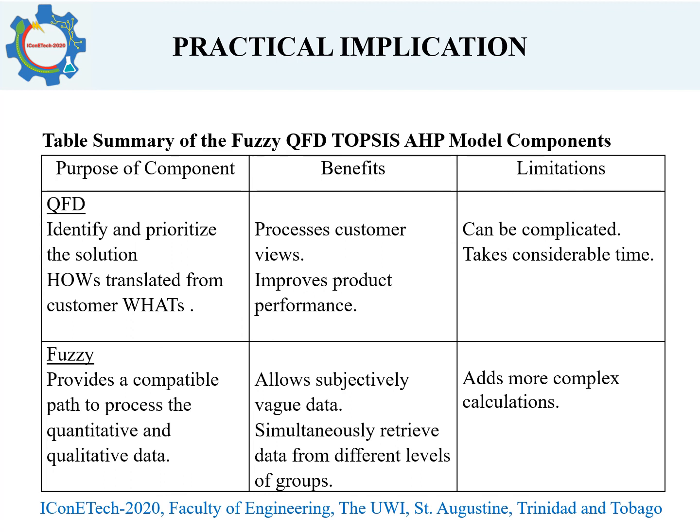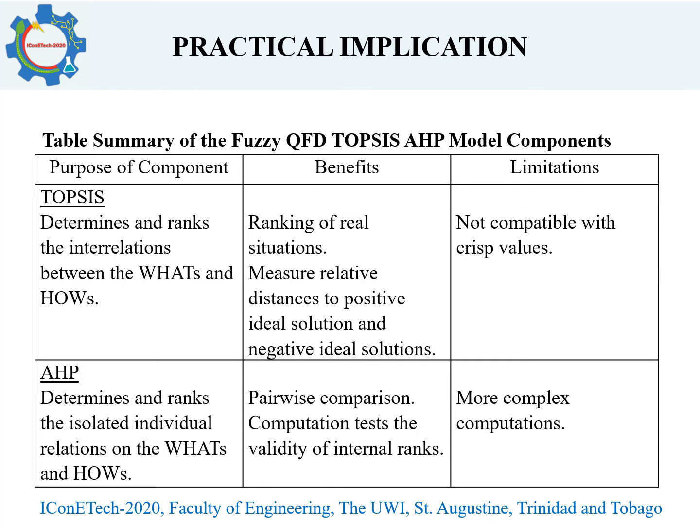Fuzzy, importantly, allows subjectively vague data into the model and simultaneously retrieves data from different levels of groups. TOPSIS allows us to rank real situations and measure the relative distances to the ideal solution. AHP allows us to perform a pairwise comparison and computation tests to validate the internal ranks.